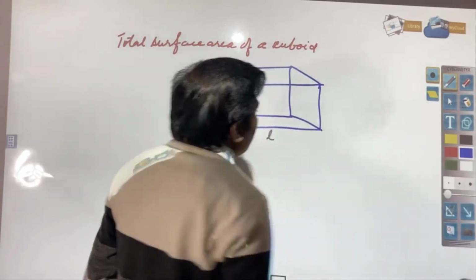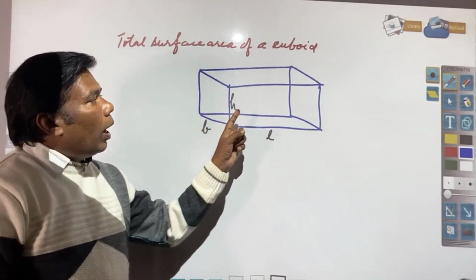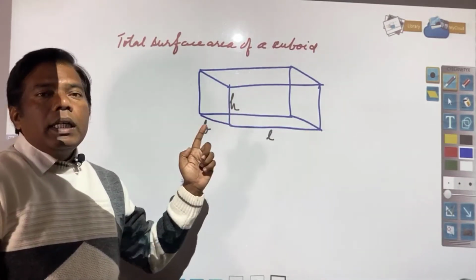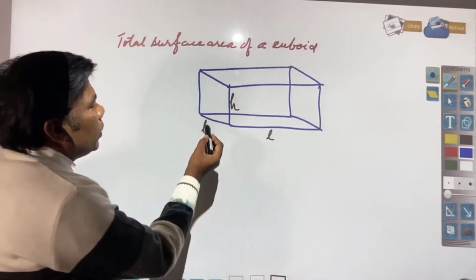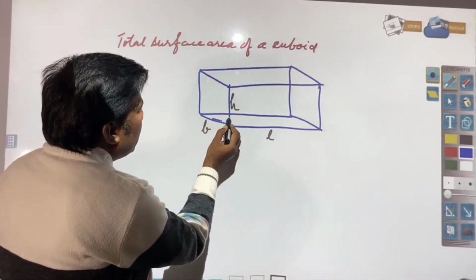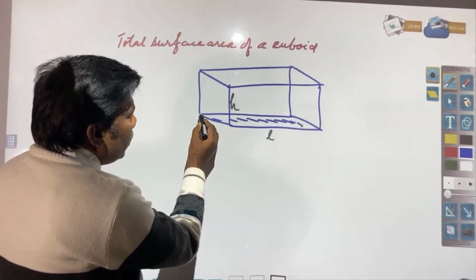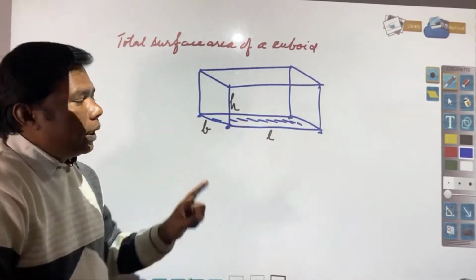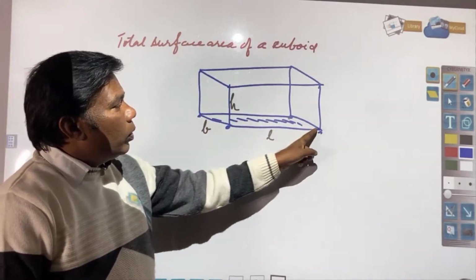Now, you need to find out total surface area. So how many surfaces are there? 6 faces are there. Just you see, this is your base. If you want to find out the area of this face only, suppose you are in a room, this face will be your floor.